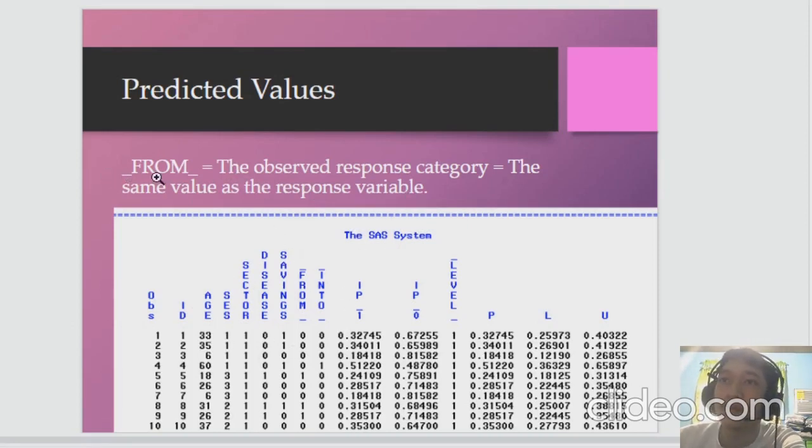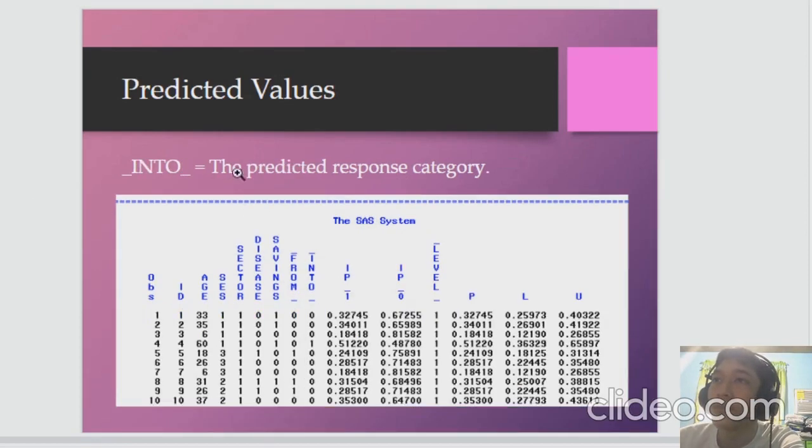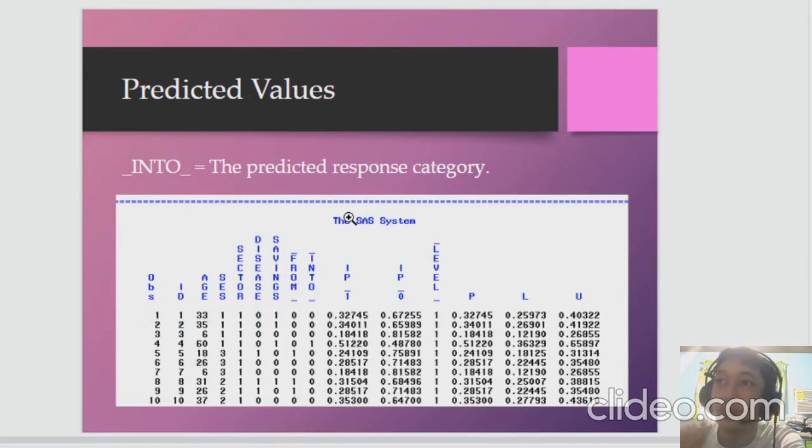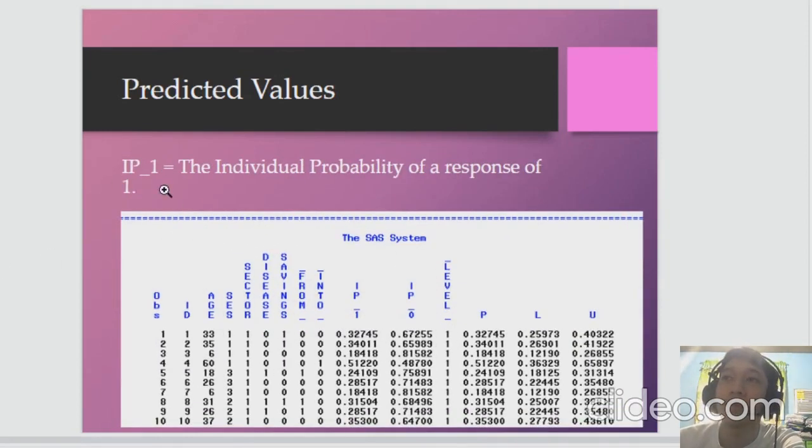Into is equal to the predicted response category. Then IP1 is equal to the individual probability of a response of 1.